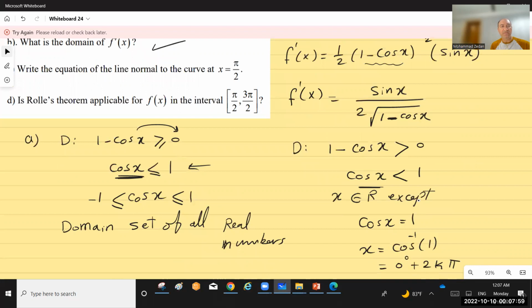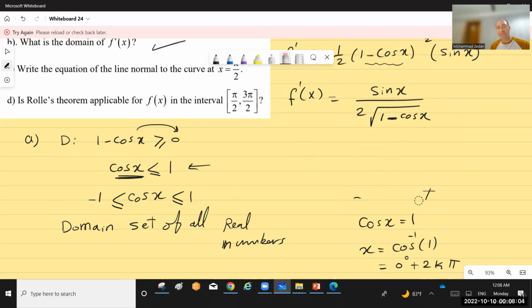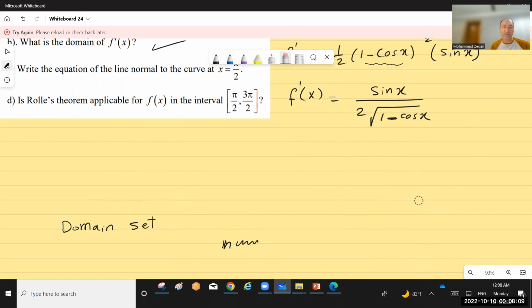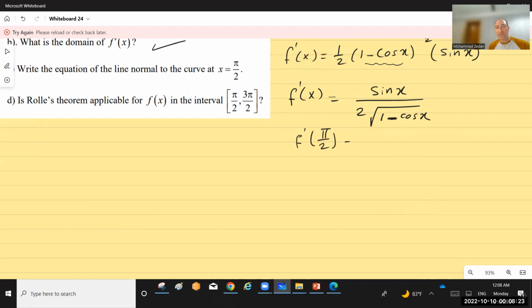That's very easy and simple. You always have to find the slope of the tangent, then from it you can find the slope of the normal. So just f prime of pi over 2, and I can delete this one, no need. So sine pi over 2 over 2 times the square root of 1 minus cosine pi over 2.